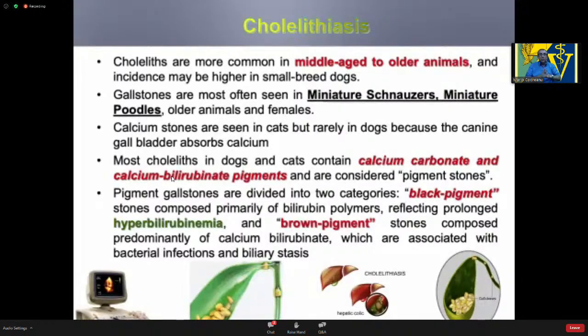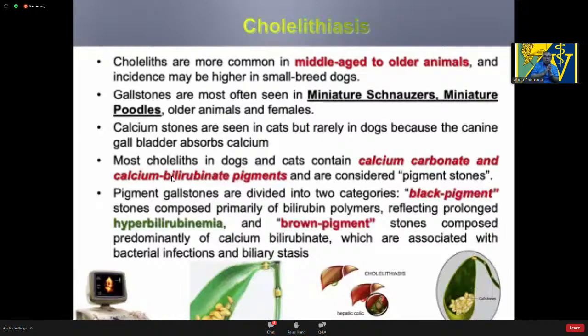But it's important to notice that calcium stones are registered in cats and much more rarely in dogs, because the canine gallbladder absorbs calcium. This is why these calcium gallstones, based mainly from a chemical point of view on calcium as a composition, are registered in cats.